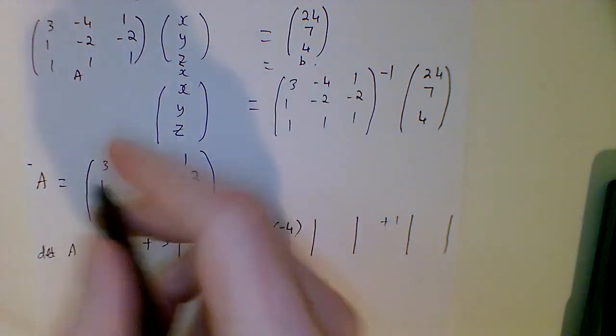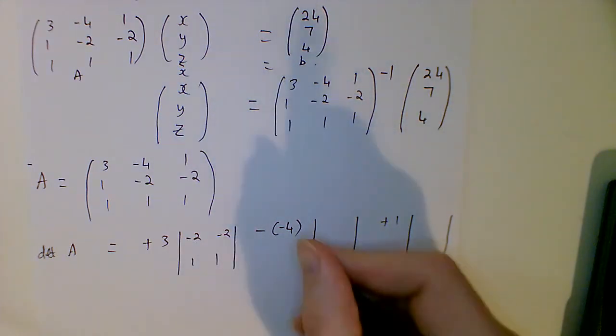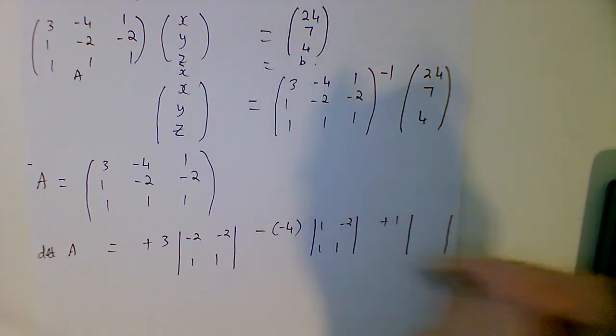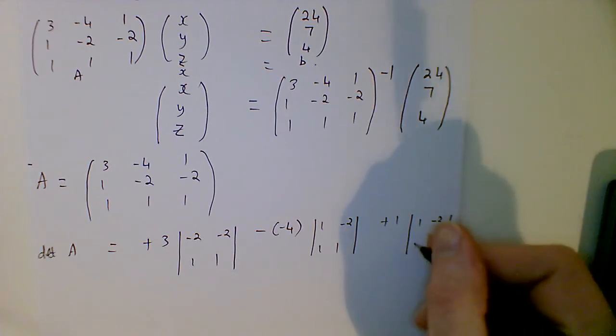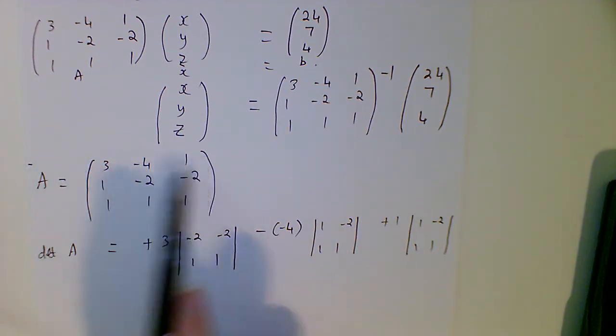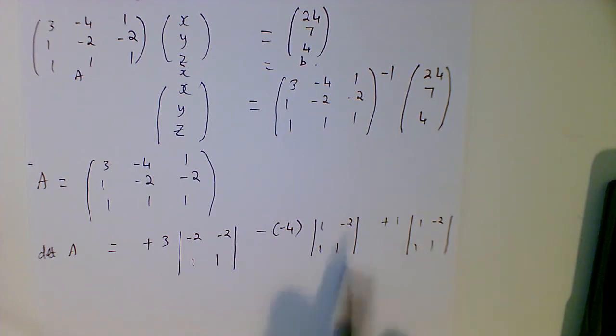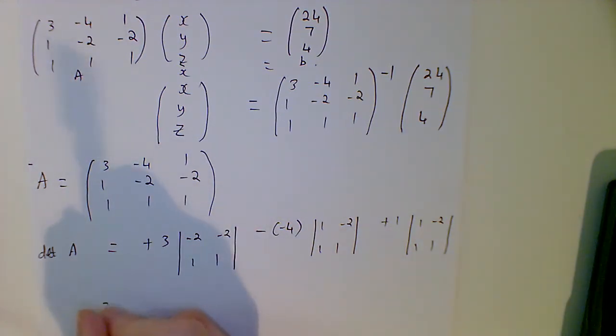Right, okay, let's just check that's right. So not in that row, not in that column, not in that row, not in that column, not in that row, not in that column. Just checking, if you get 2 minor matrices that are the same, most of the time we've done something wrong. In this case we haven't, that's why I was just double checking here.